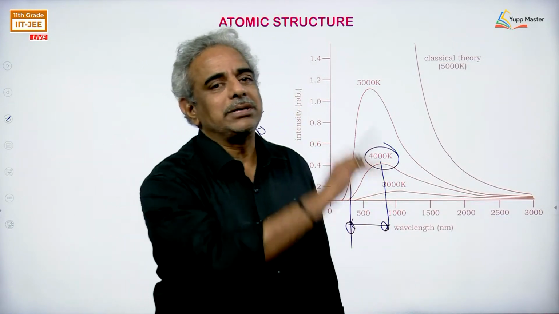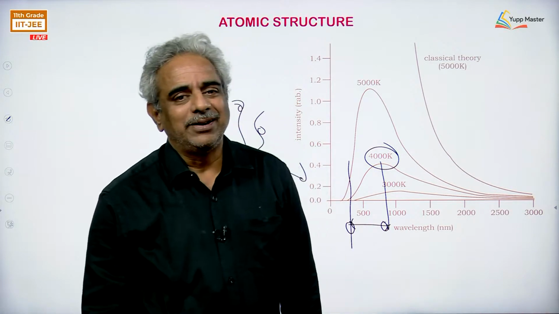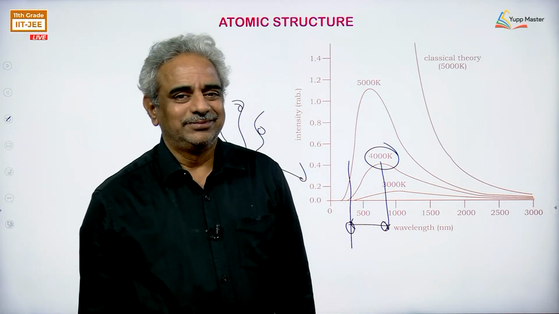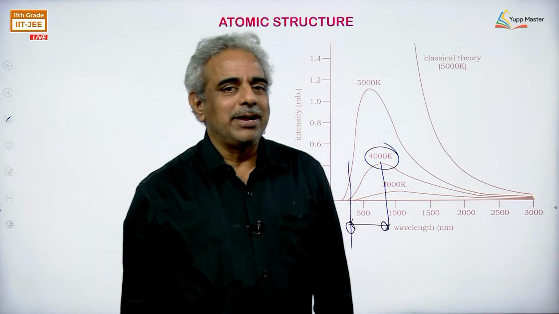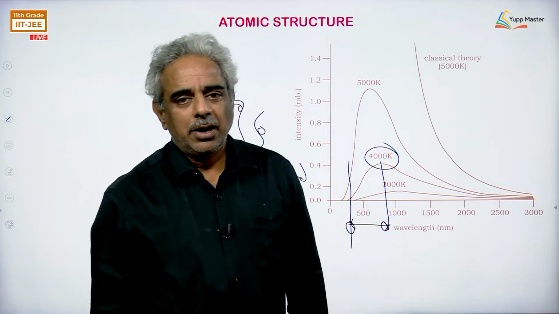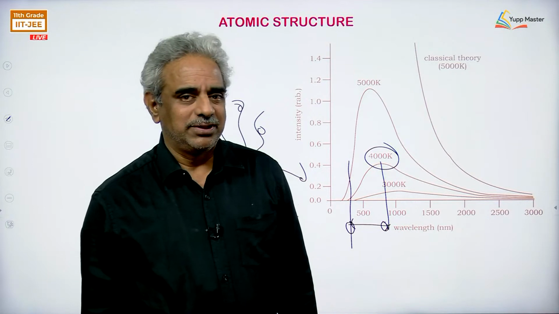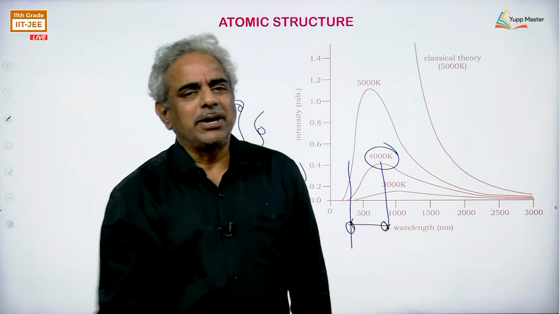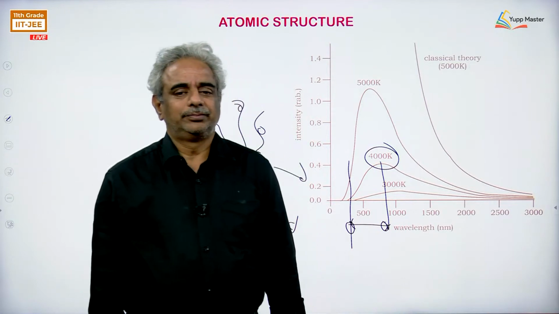So all will fall at the same place on the photographic plate and you are going to get a continuous spectrum. So black body radiation is discrete in nature, but the spectrum is continuous. These are all very, very important points students should remember.